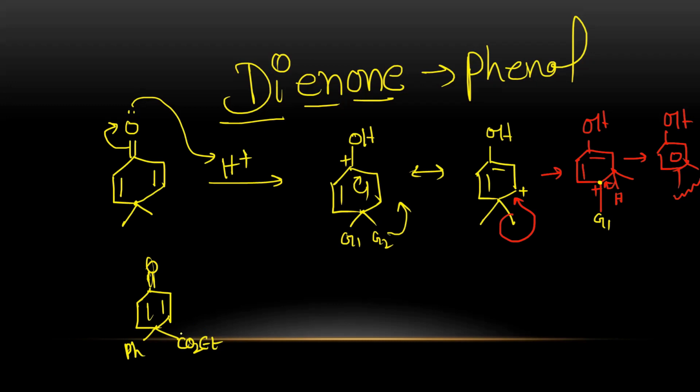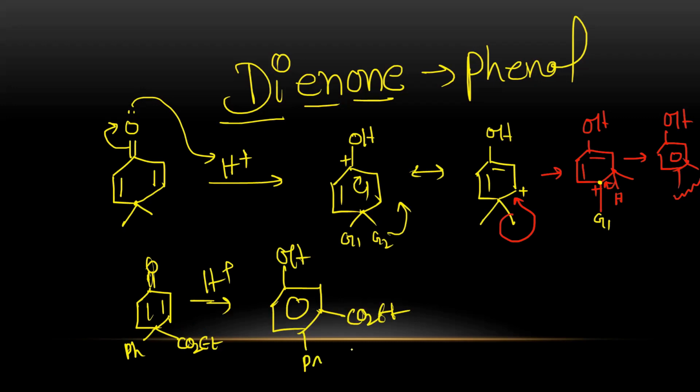So if CO2Et migrates, then it will be more favorable, right? Have you understood? Yes. So the product is simply CO2Et and phenyl.